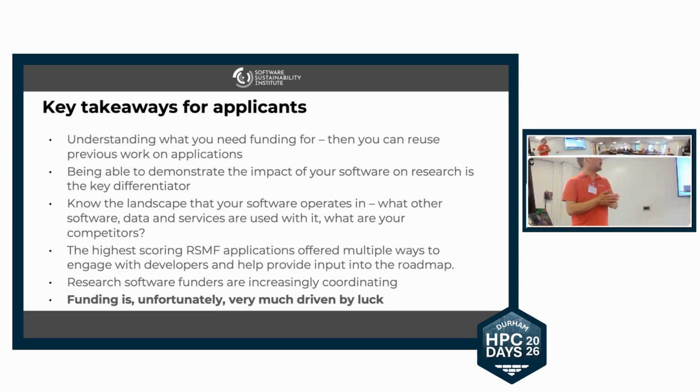And it really helps to know the landscape that your software operates in: who uses your software, what's it used with, what are your competitors, because that gives you a much more convincing argument for why you need the funding at that point in time. That's the key thing: you're really wanting to show why your software needs the funding now rather than in 7 years' time when the next cycle comes around.